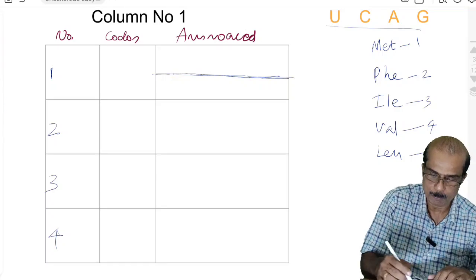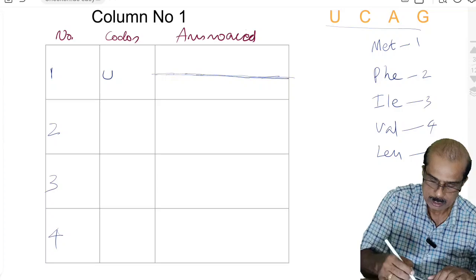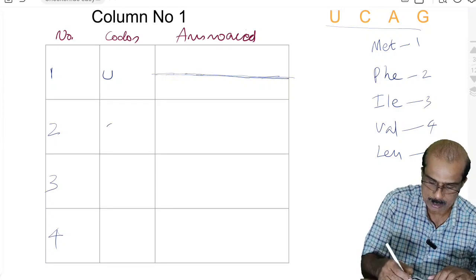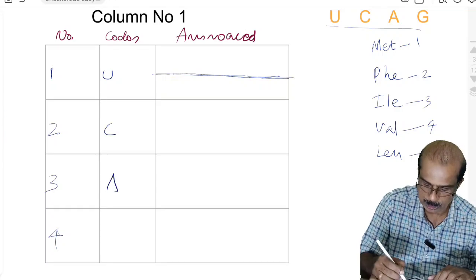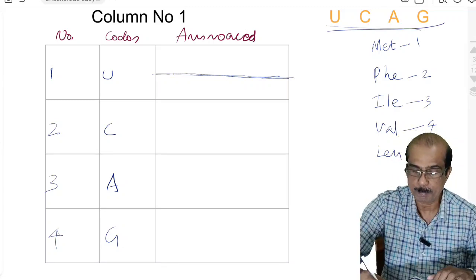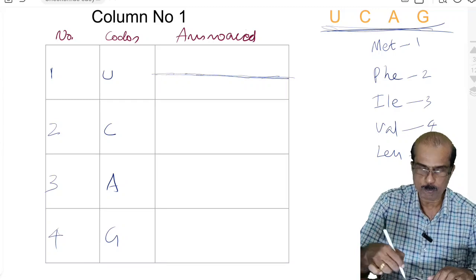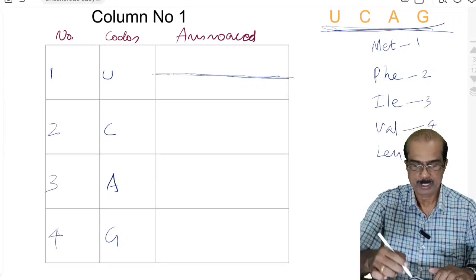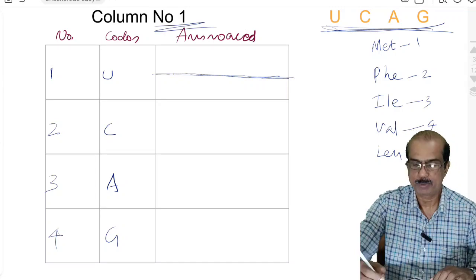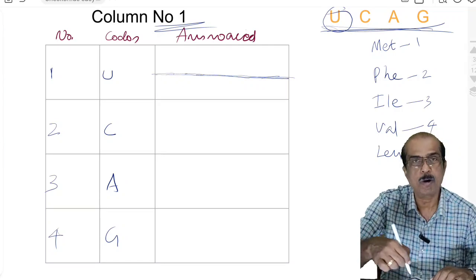In the first row, the nitrogen base is U. Second row, the nitrogen base is C. Third row, it is A, and fourth row, it is G. In the order UCAG. You have to remember UCAG every time. Being column number 1, the nitrogen base is U, and U is seen in all these rows.